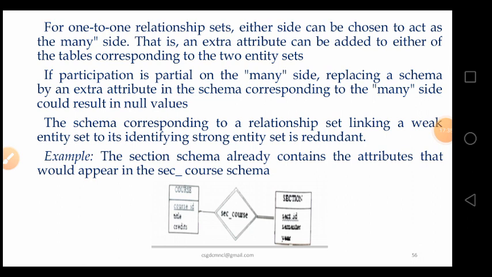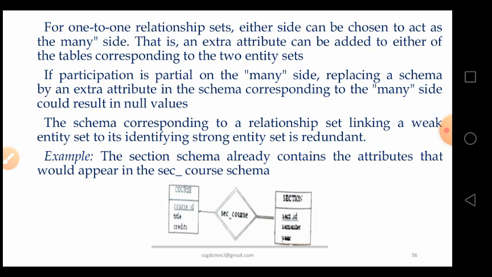In this section, we discussed reduction to relation schemas, how to reduce the schemas. Entity sets and relationship sets can be expressed uniformly as relation schemas that represent the contents of the database.